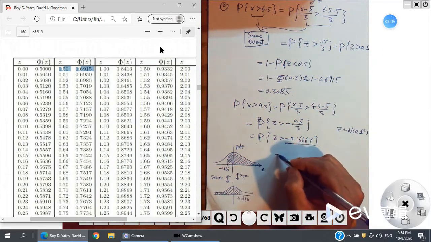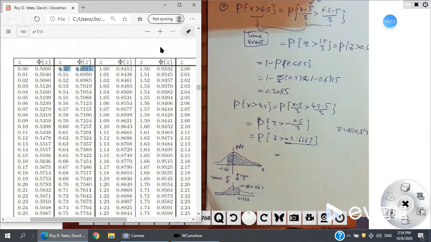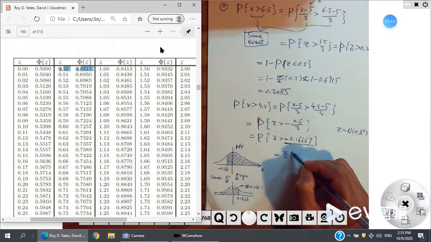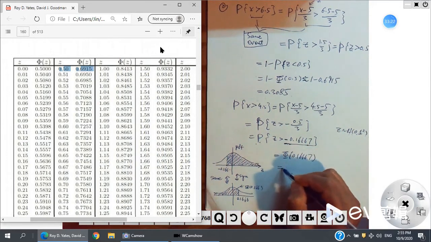So what is this area? This area is just phi of 0.16667, and then you can use the table.